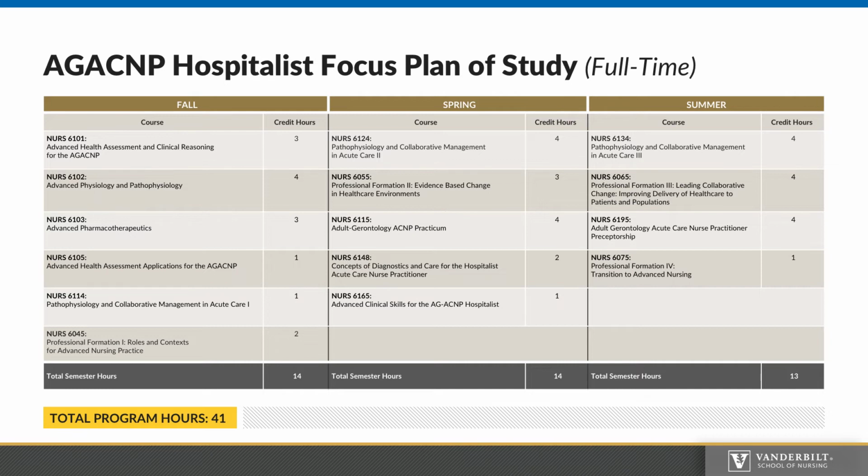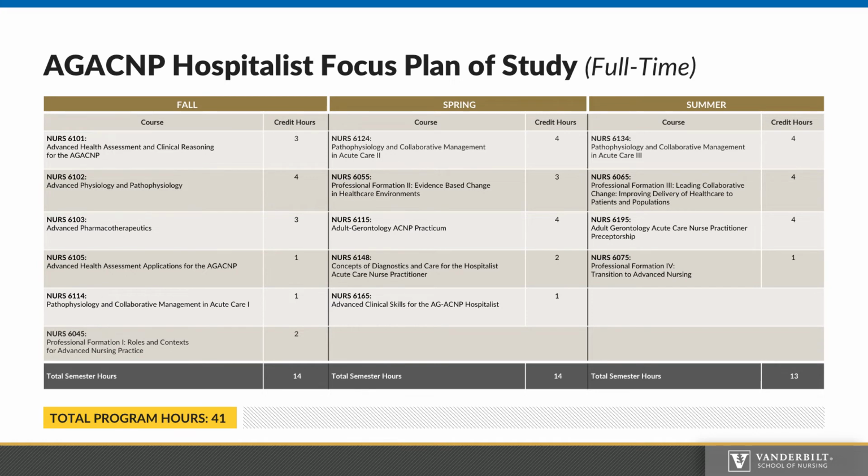During this time, you'll participate in hospitalist-focused high-fidelity simulations, as Dr. McNabb explained on the previous slide, as well as advanced procedural lab training. In regards to your clinical courses, all hospitalist students remain integrated with the traditional students, thus taking 6115 and 6195 as their clinical courses. This allows for integration with the traditionalist students for extra high-fidelity simulation training.